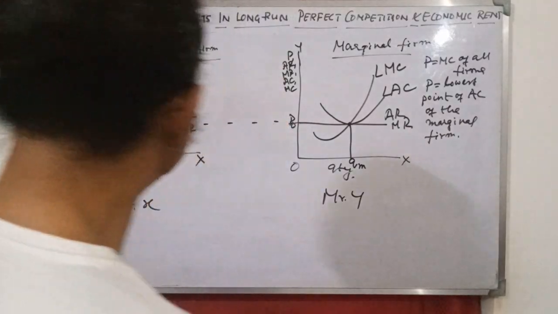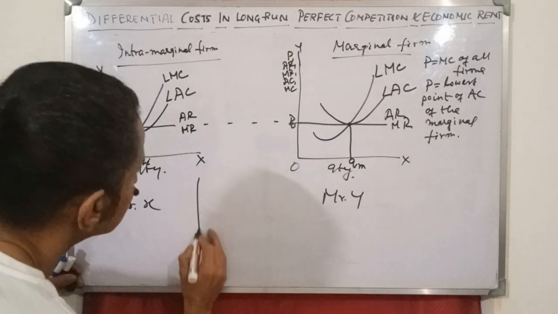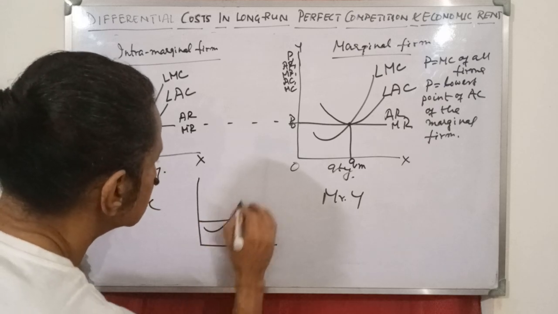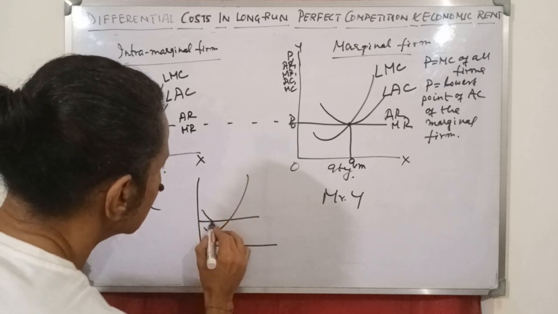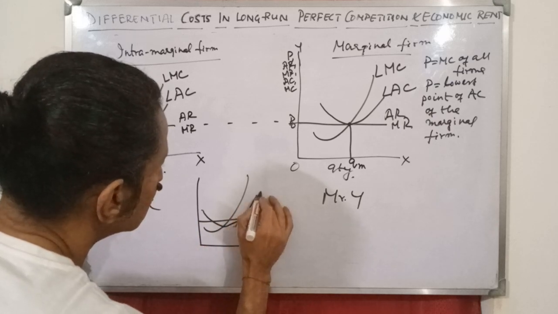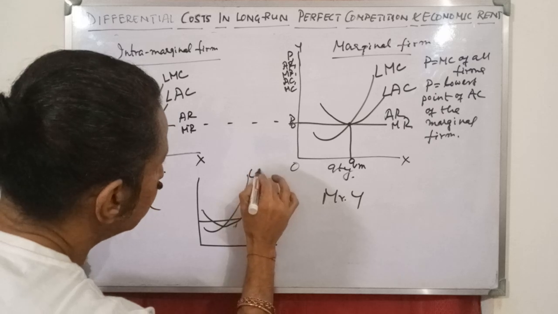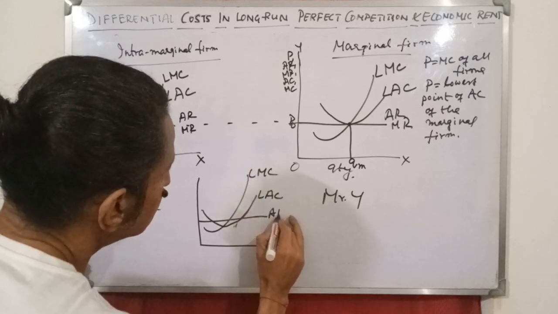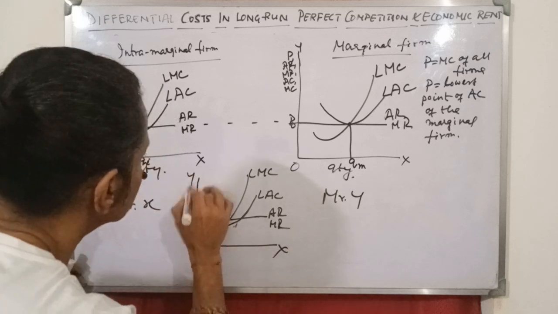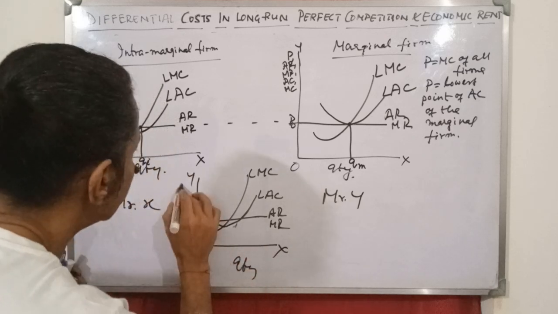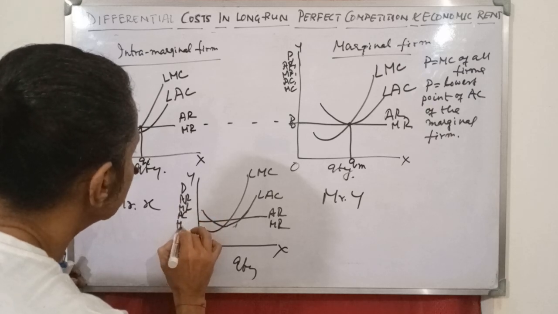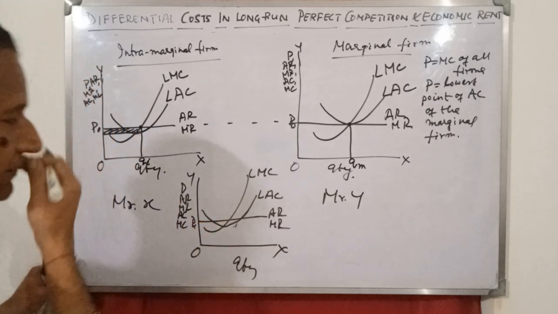Now we can draw this diagram. This is LSE, this is LMC, this is AR or MR of the intramarginal firm. This is quantity, here price, AR, MR, AC and MC. This is P sub 0, the price.